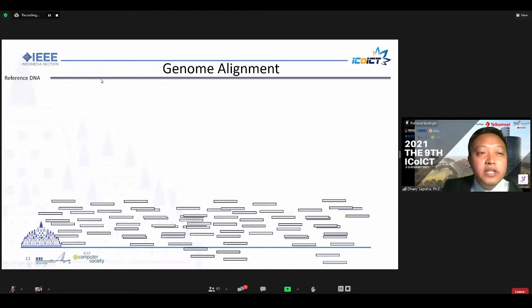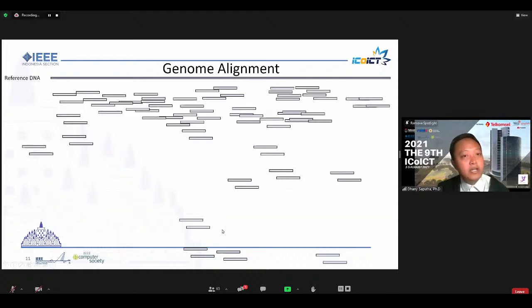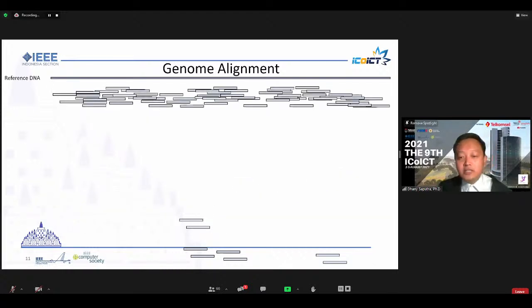This reference DNA, for example, this is a COVID genome, is available for free on the NCBI website. This reference DNA has been fully sequenced, either de novo or by Sanger sequencing. And then, for example, the result of PCR positive patients that has been sequenced, we just align it against the reference DNA and match it.